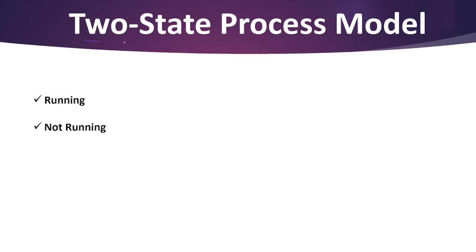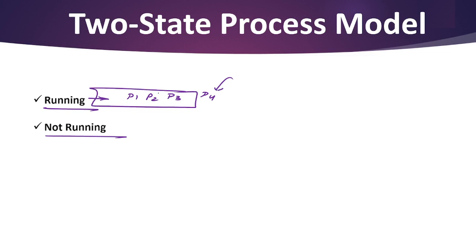Next, we have the two-state process model. Here we have two states, running and not running. Running state means a new process enters into the system in running state after creation. Let's say we have three processes and process P4 is entering into the system in running state after we have created the queue.